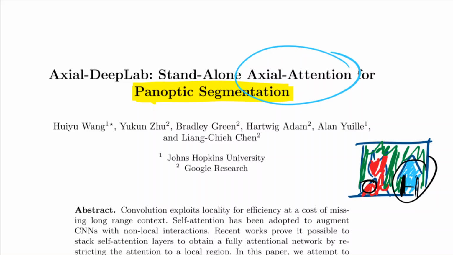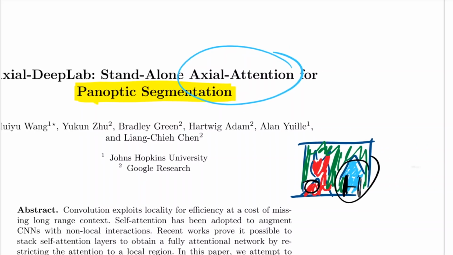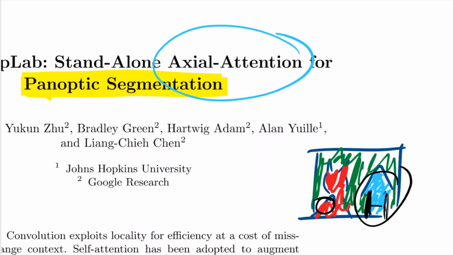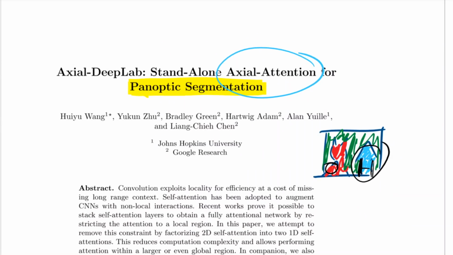The combination of axial attention and these learned positional embeddings allows them to replace the ResNet backbone that is usually found in panoptic segmentation models with a standalone attention. So they build models that partially replace the convolutions with attention modules, or replace them entirely. The entire model is going to be just an attention model, so no more convolutions in it.